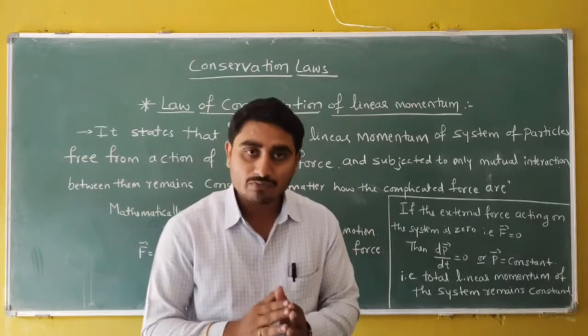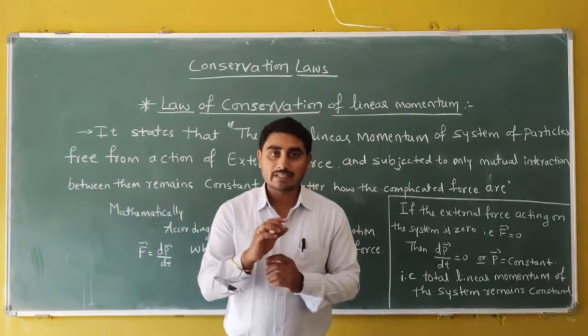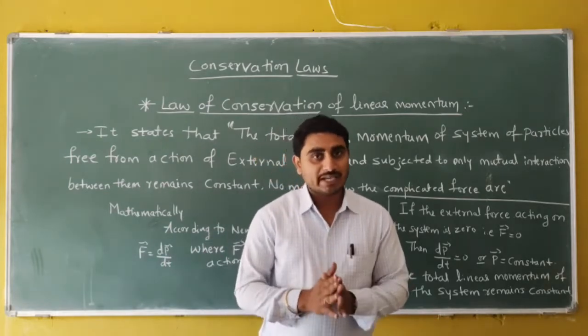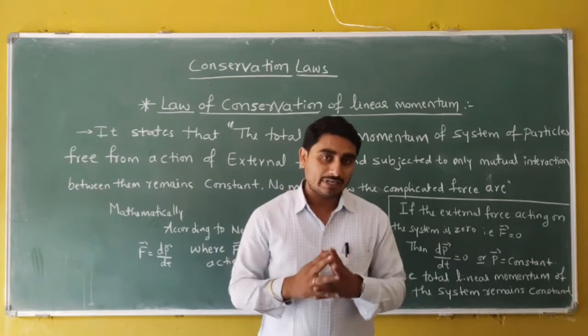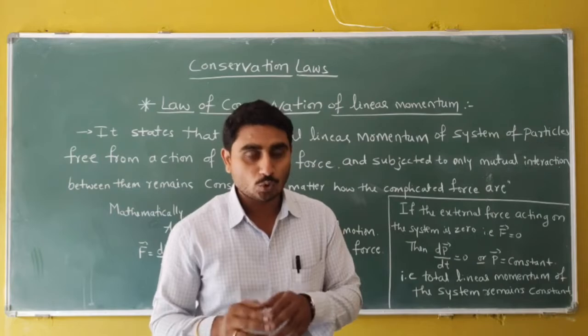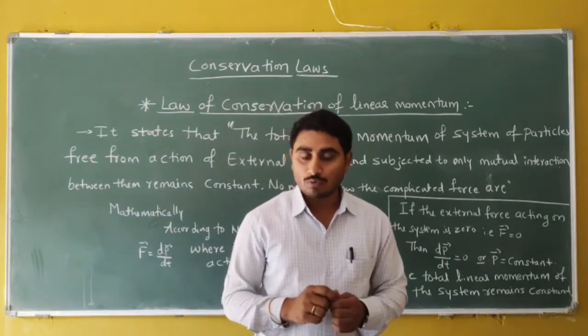And the dimensional formula is M L T to the power of minus 1. I already explained this with an example in the last video lecture. Those who have not seen that video, just go to the last video link, conservation of law 1.0.